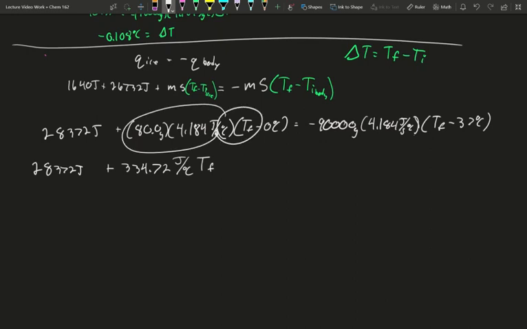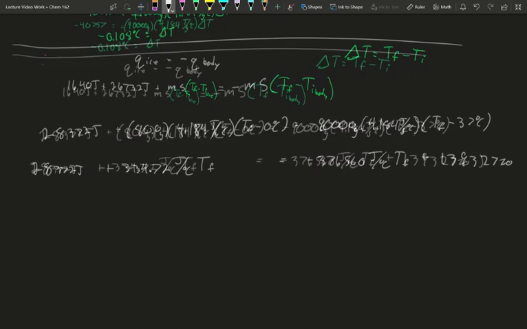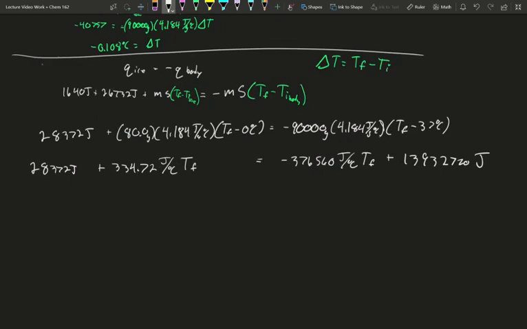So these two times TF, and those two times 0 will be 0, so we don't do the next part there. On the other side, 90,000 times 4.184 is going to give us negative 376,560 joules per degree Celsius TF plus 139,320 joules.